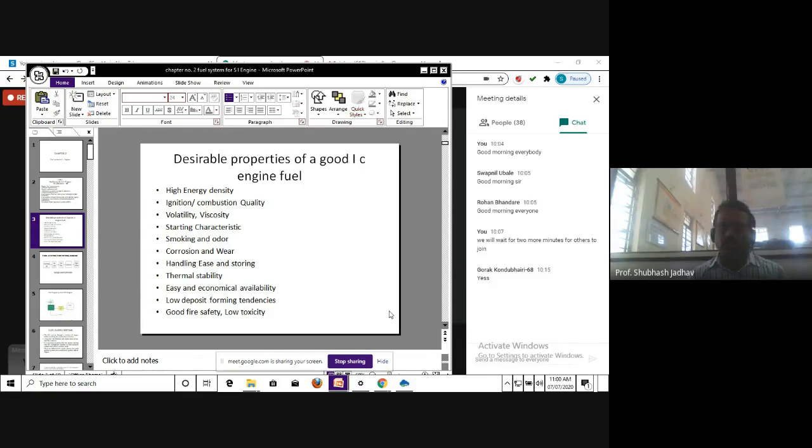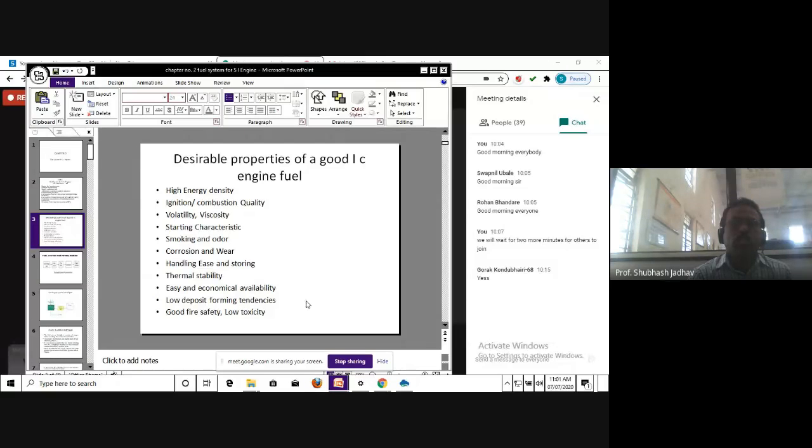Obviously, the cost will increase. On the contrary, in the coastal areas the availability of this oil will be huge, so the cost will be less. So it must be economically feasible, meaning the price should be less, and it should be available everywhere. That is again one of the requirements of a fuel to be used in engines.